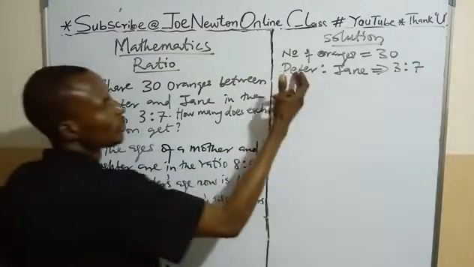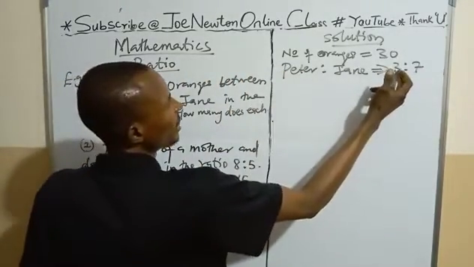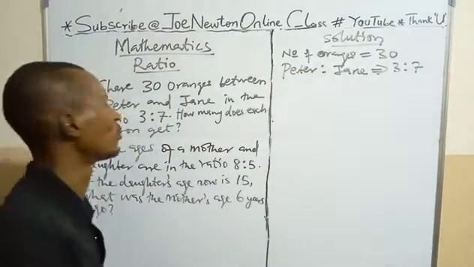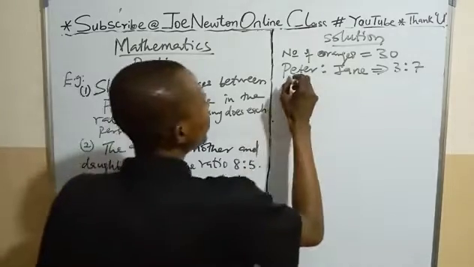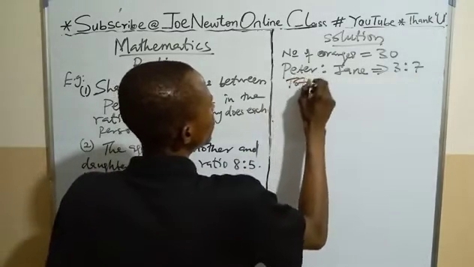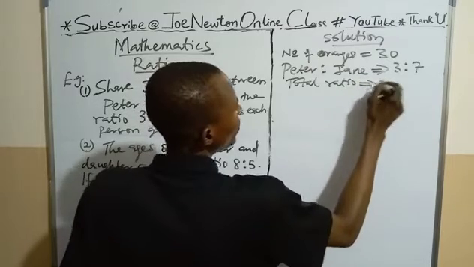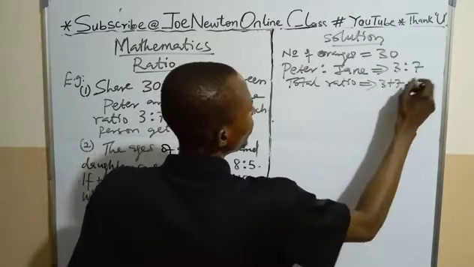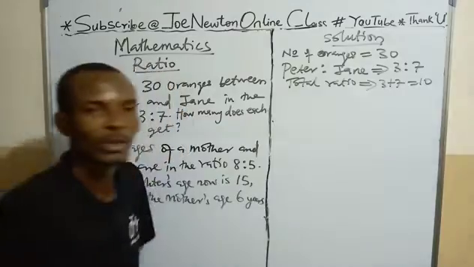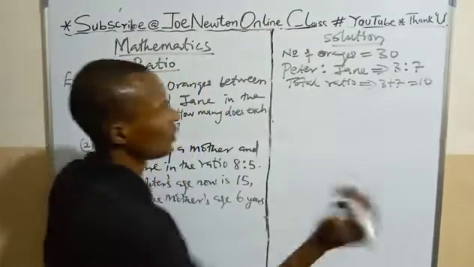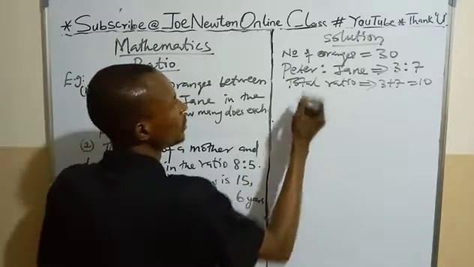That means 3 is for Peter, and 7 is for Jane. There are 3 portions and 7 portions. Then the total ratio is 3 plus 7, which gives you 10. That is the total ratio there.